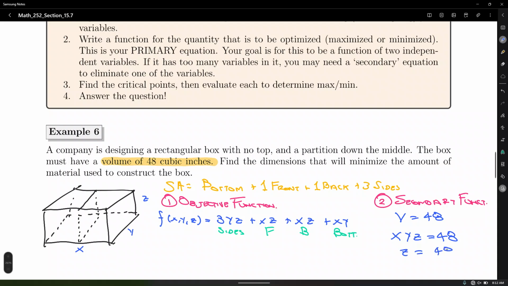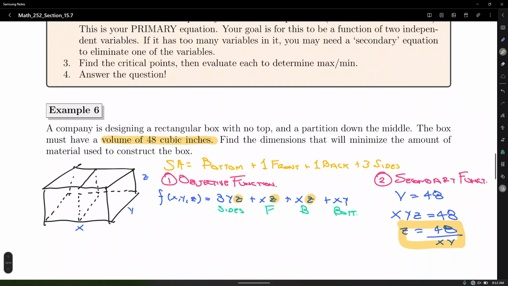z equals 48 divided by xy. And I'm going to replace every instance of z in our objective function with the quantity 48 over xy. Actually, I'm going to combine like terms first.